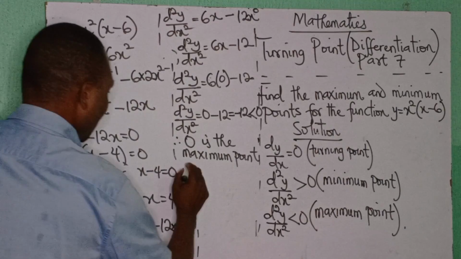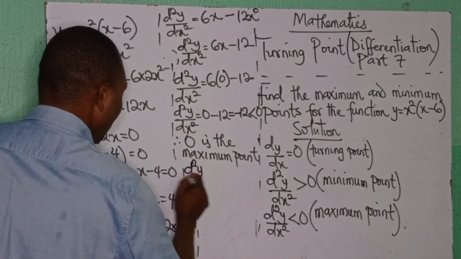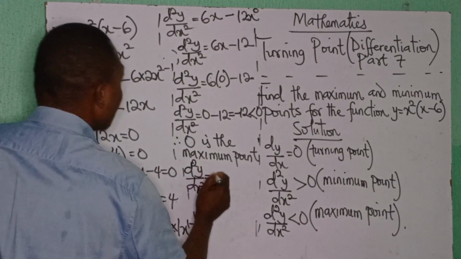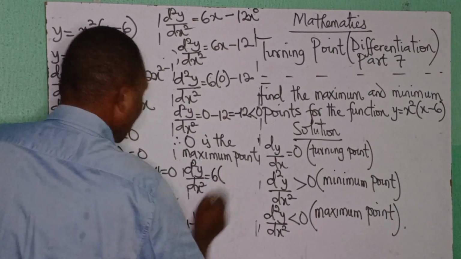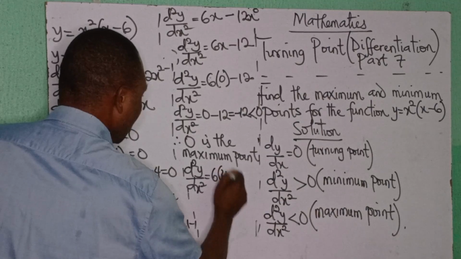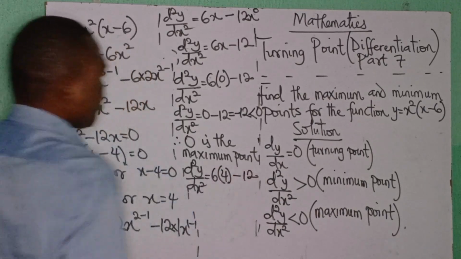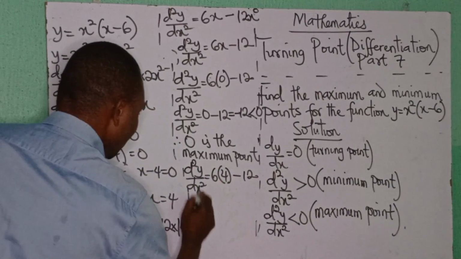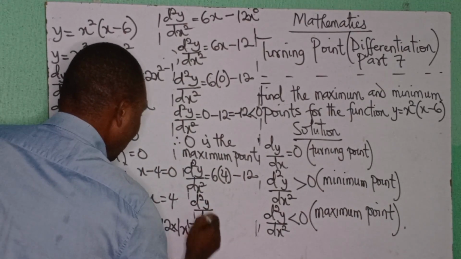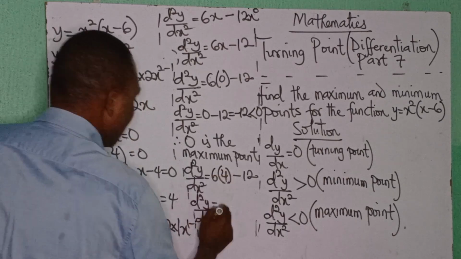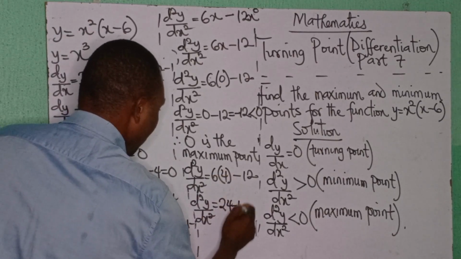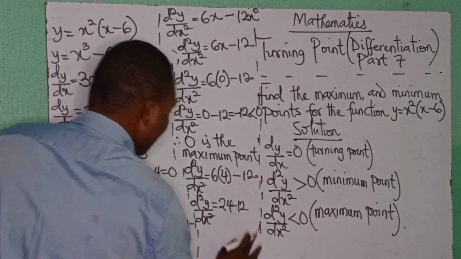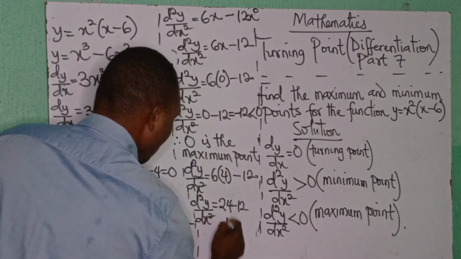Now, the same equation. So, d2y over dx2 equals 6. Our x here is 4, minus 12. So we're having d2y over dx2 equals 6 times 4 is 24 minus 12. That gives us 12.